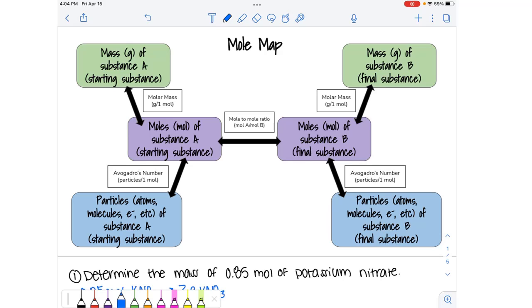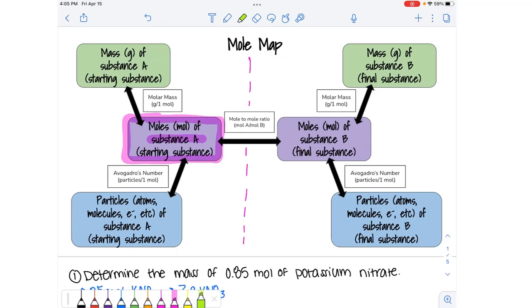So for this one, we started with some known quantity of moles, and we're trying to get to mass. So if we take a look at our mole map, we're starting out with a known quantity of moles of substance A. At the end of this problem, we're trying to figure out the number in mass, the number of grams of that same substance. So I'm sticking with substance A, meaning I'm on the left-hand side of this map here.